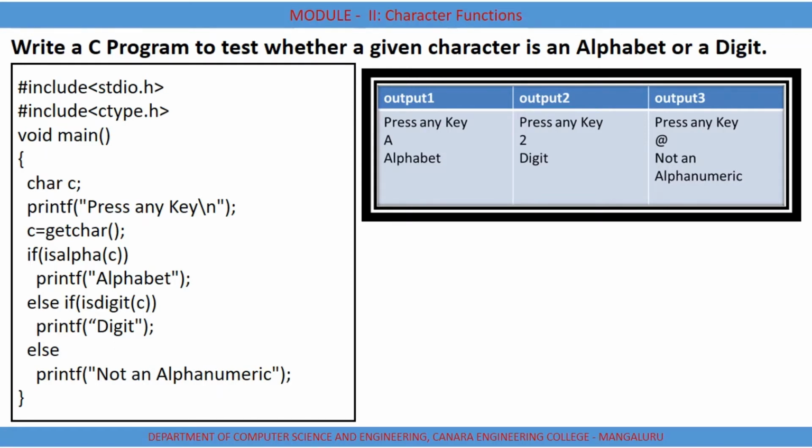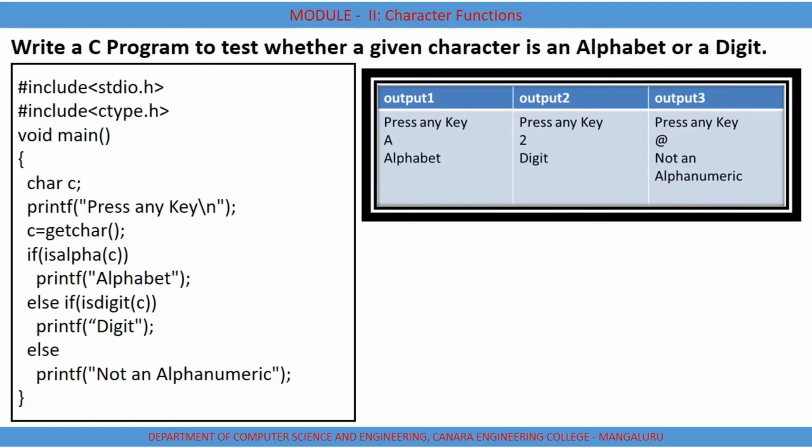Now isalpha of c will check whether whatever value is stored in c is an alphabet or not. If the user input stored in c is an alphabet, then isalpha will return true. Then the if part becomes true and control goes inside the if part.